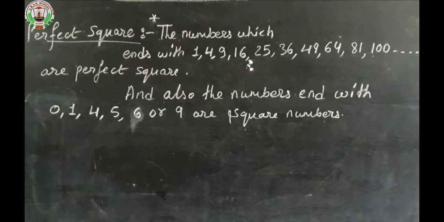The second point in a perfect square is that the numbers ending with 0, 1, 4, 5, 6 or 9 are not a perfect square. So these numbers are not a perfect square, but it is a square number. So here we are going to talk about two things, first thing is about perfect square and second thing is about square numbers.